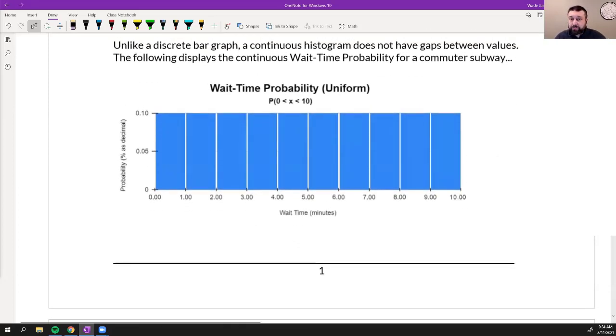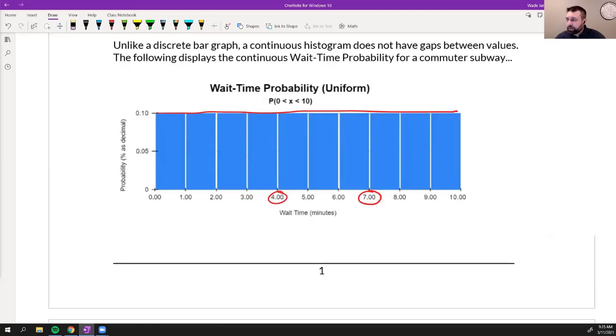So there's a possibility that you may be waiting 2 minutes or 4 minutes or 7 minutes, or maybe 3.4 minutes. And so this was a continuous uniform probability. Continuous because every value along the x-axis is available, and uniform because every value had the same probability of occurring.